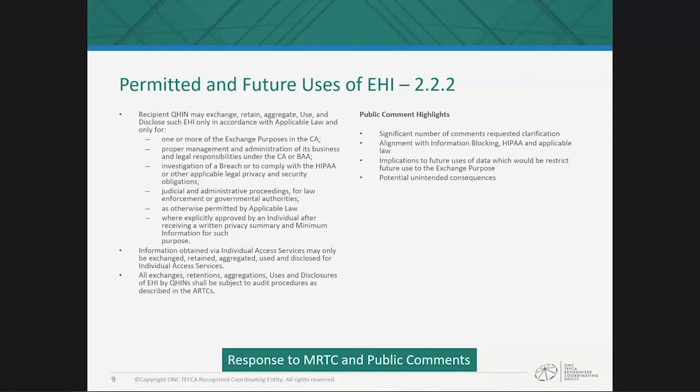You understand what that means. Or as otherwise permitted by applicable law, and that's a bit of a catch-all.